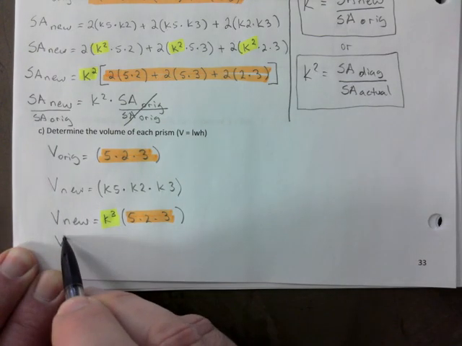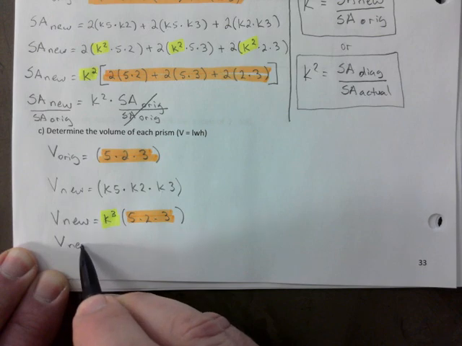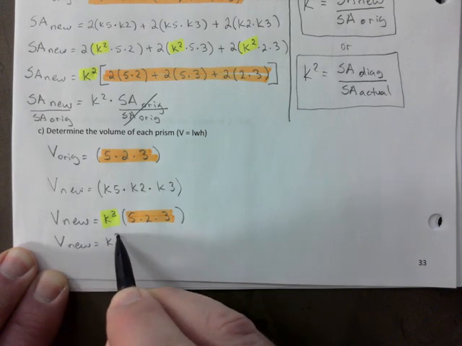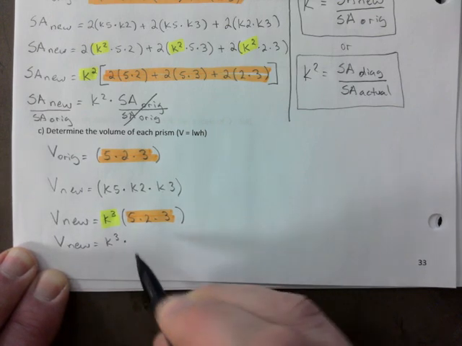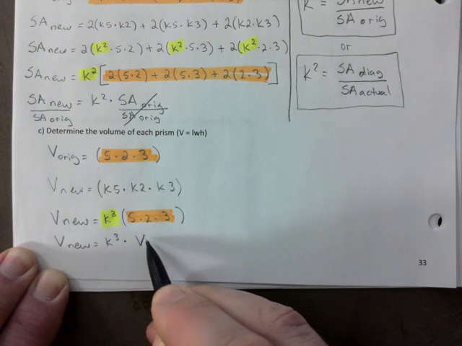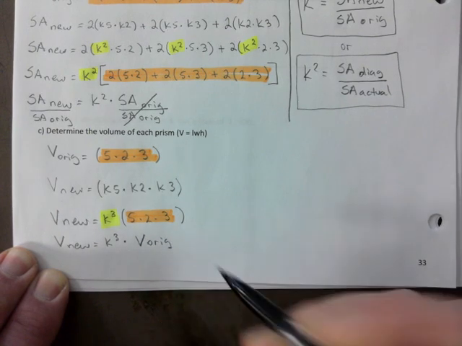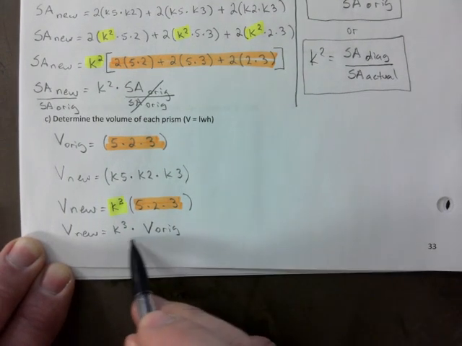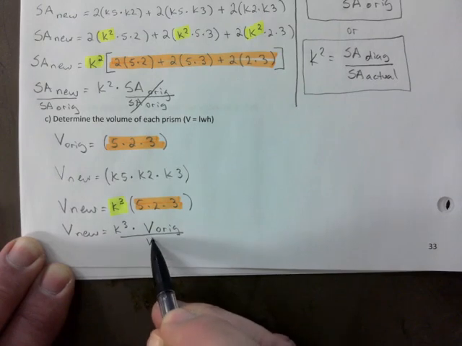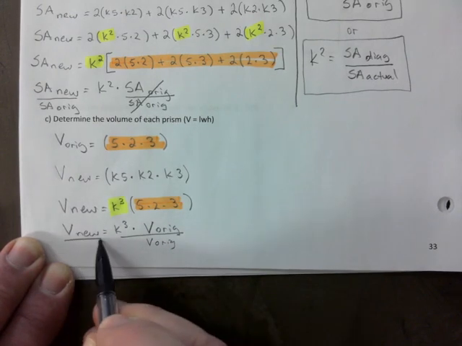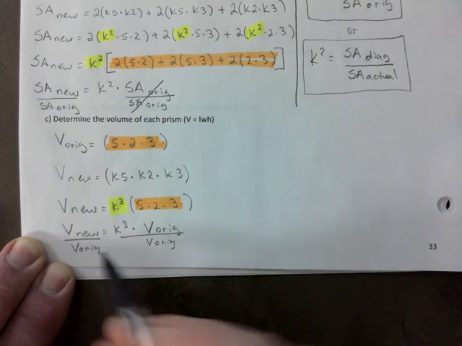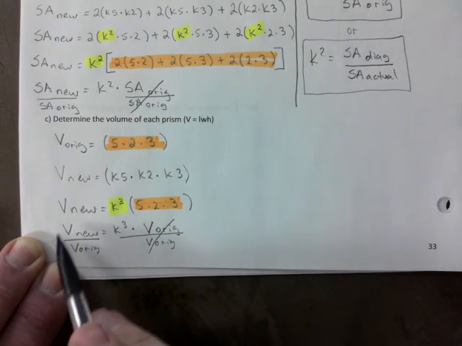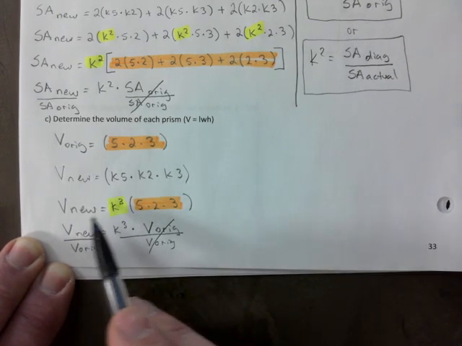So my next line will be volume of new is K cubed times volume of the original. And I'm going to divide both sides by volume of original. Cancel that out here. And this is what I want you to be left with.